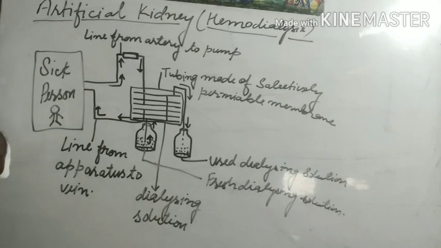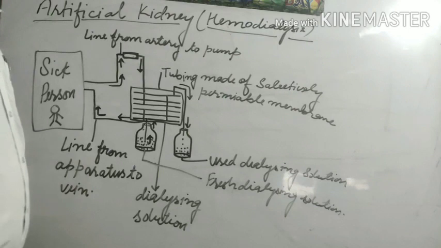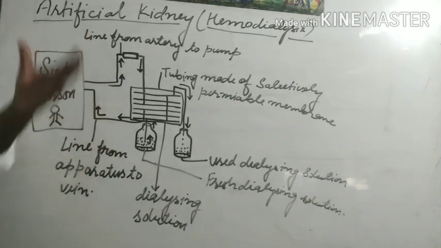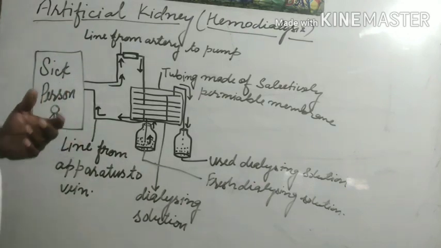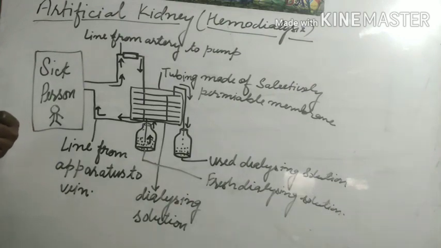Before studying this topic, artificial kidney, also called hemodialysis, we have to know something about the kidney which we studied in an earlier video. Students, we know that kidneys are vital organs for survival, and several factors like infection, injury, and restricted blood flow to the kidney reduce its activity, which causes serious problems in the body.